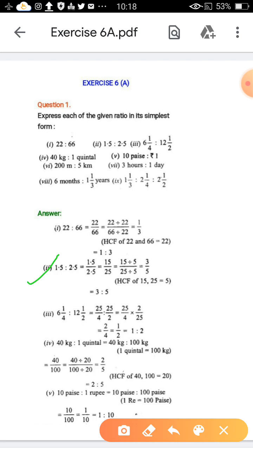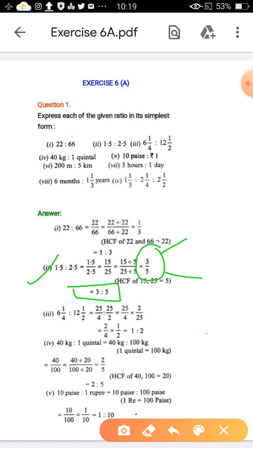Both numbers should be divided by 5. So 5 3s are 15 and 5 5s are 25. So our answer will be 3 upon 5, that means our ratio will be 3 as to 5.